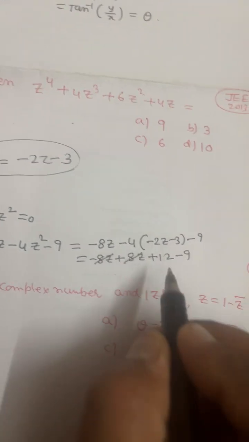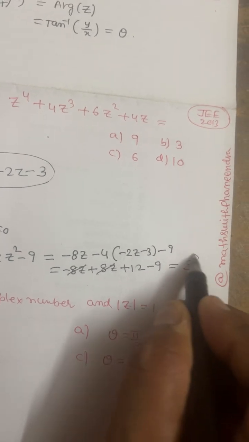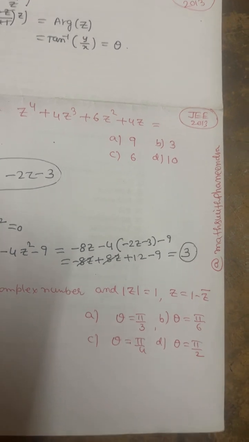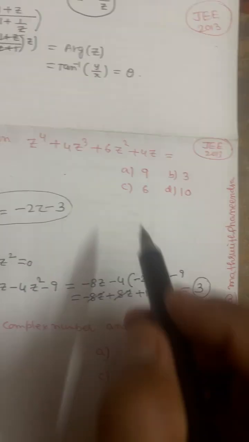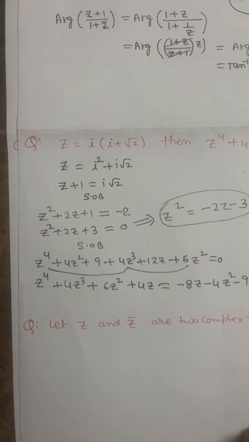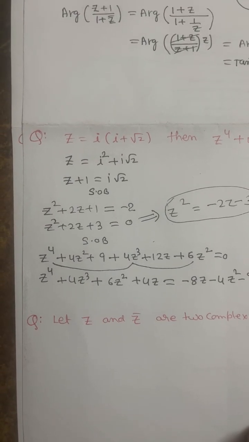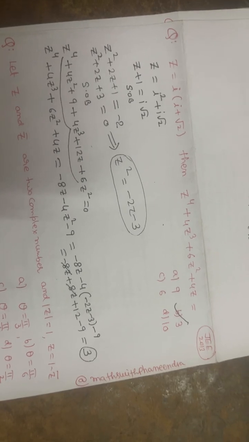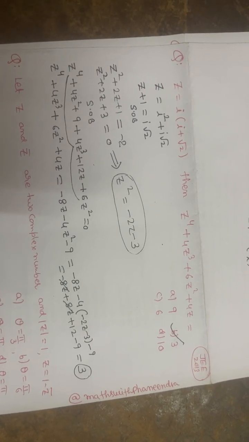These two will be cancelled. 12 minus 9 is equal to 3. So the answer is 3, dear students. So logically, step by step, once you go through it, I am just turning according to your convenience. If you want to take the screenshot, you can.